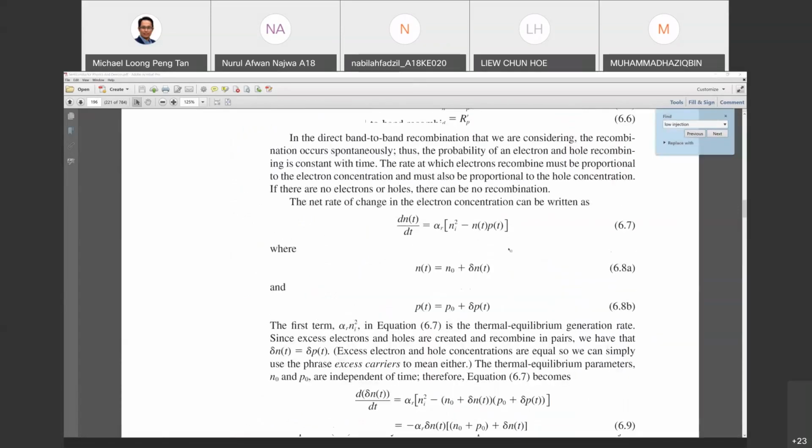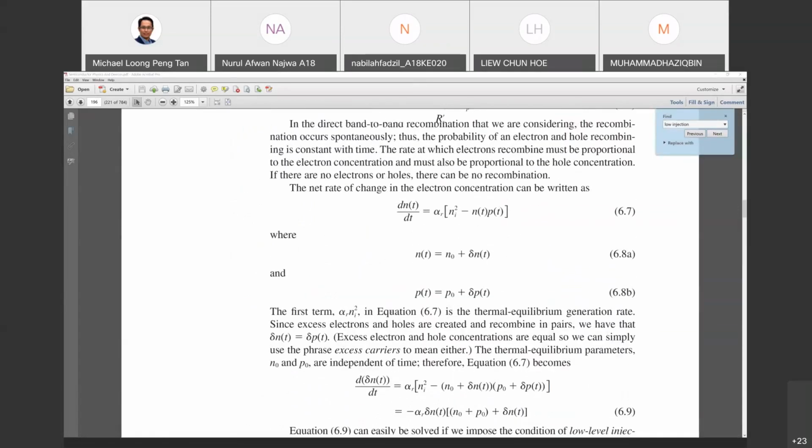This is the one that I showed earlier in my slide. So the first term, alpha r n_i squared, is the thermal equilibrium generation rate. Generation: excess carriers are created in combined pairs. That's why we have delta n and delta p. Okay, this is the same, so we can use this.